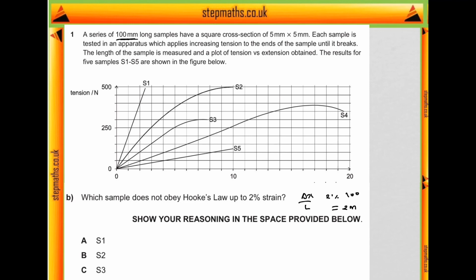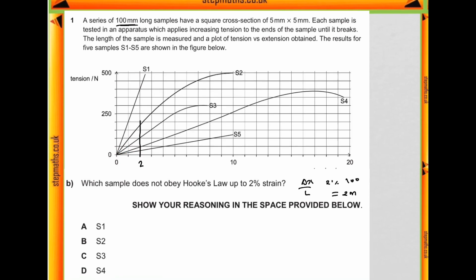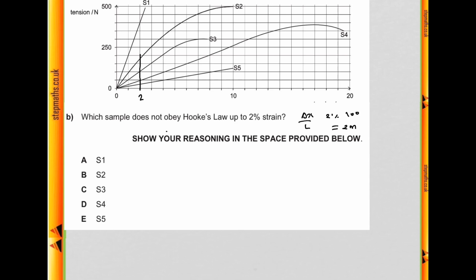If we look here on our scale, 1 and 2, we're looking at this line here. As we can see, all the samples S1, S2, S3, S4, S5 are straight lines from the origin to the point of intersection with 2 here, except the last one. If we look at S5, it's kind of curving down there, right? So therefore we can conclude that S5 is the one that does not obey Hooke's law to a 2% strain. So that's E. Let's move on to the next question now.